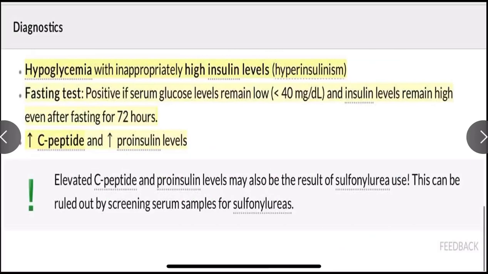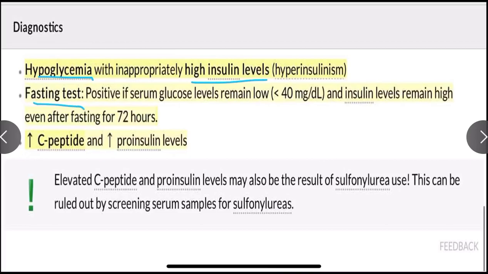Now we have the diagnostic. We can see hypoglycemia with an inappropriately high insulin level. Actually, hypoglycemia alone doesn't tell us anything specific. Why? Because hypoglycemia can happen because of adrenal disease, because of decreased glucocorticoid. But the fasting test is very important here guys.